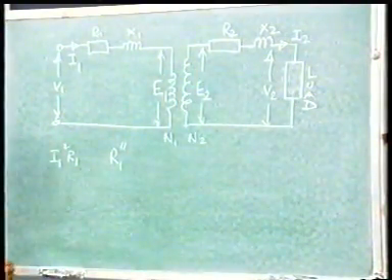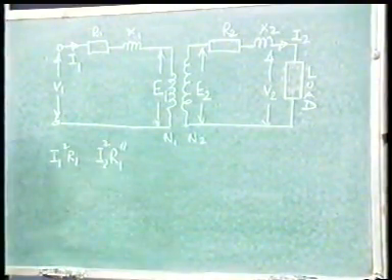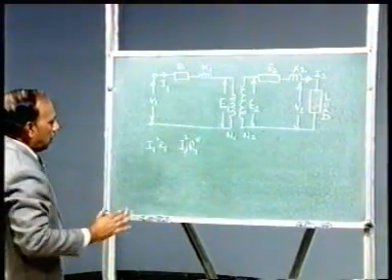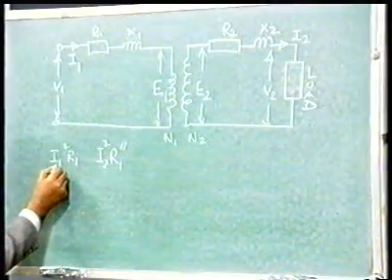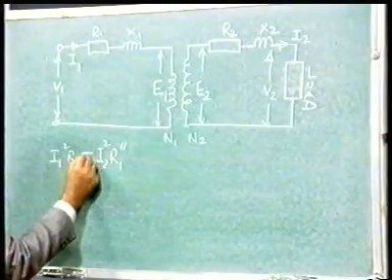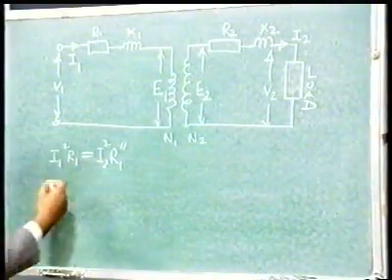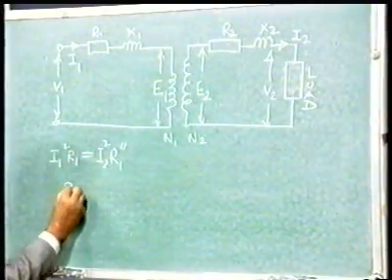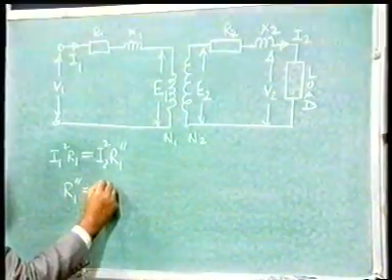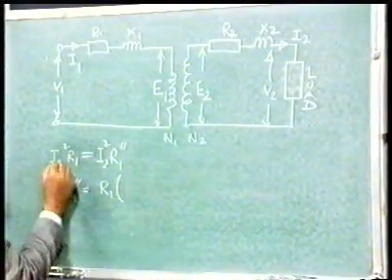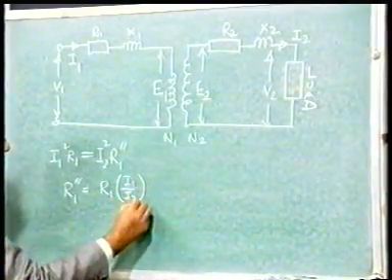Then what will be the power loss? Current in the secondary side is I2, so it will be I2 square into R1 double dash. Now there will be no change in the circuit conditions if I1 square R1 becomes equal to I2 square into R1 double dash. From this equation we get the value of R1 referred to the secondary side as equal to R1 into I1 by I2 whole square.